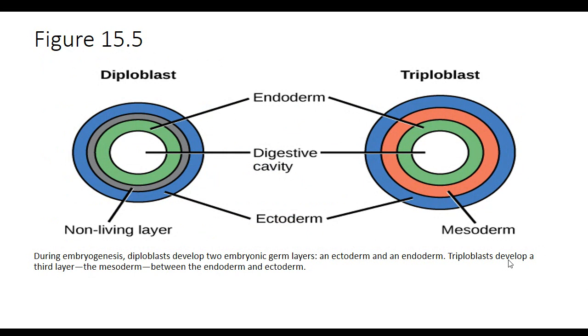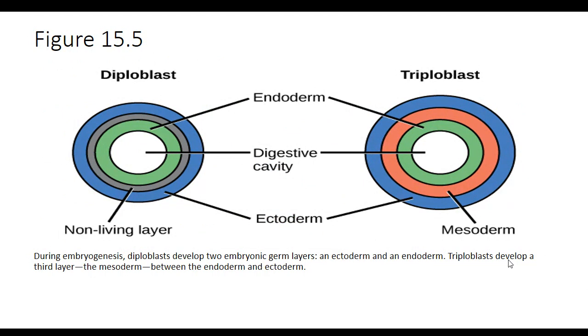For example, humans are like this. You started out as a ball of cells like this, and the ectoderm, the outer layer, that becomes your skin, and also your nervous system, your brain and spinal cord, forms from this outer layer.